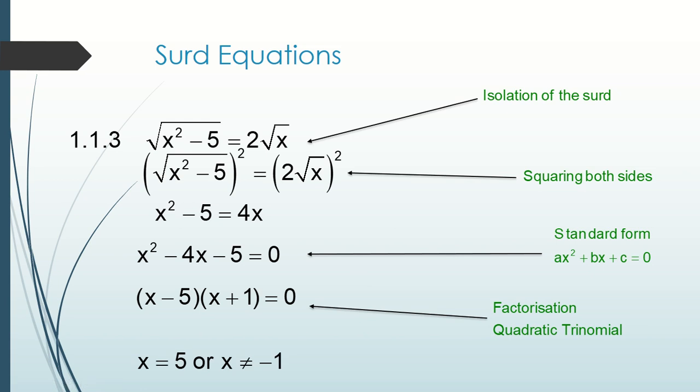So x is equal to 5 or x equals 1. But remember, you need to reject. So you go back and check, and it turns out that x equals -1 is the solution which is not working in this particular question.